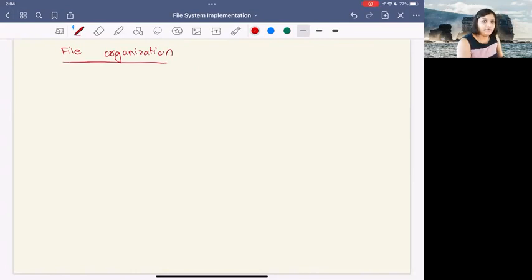Now this should be very simple, right? We know that we have this inode, which actually stands for index node.